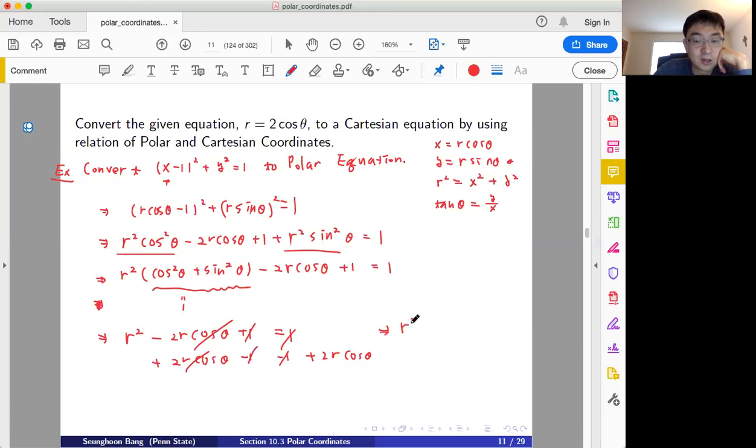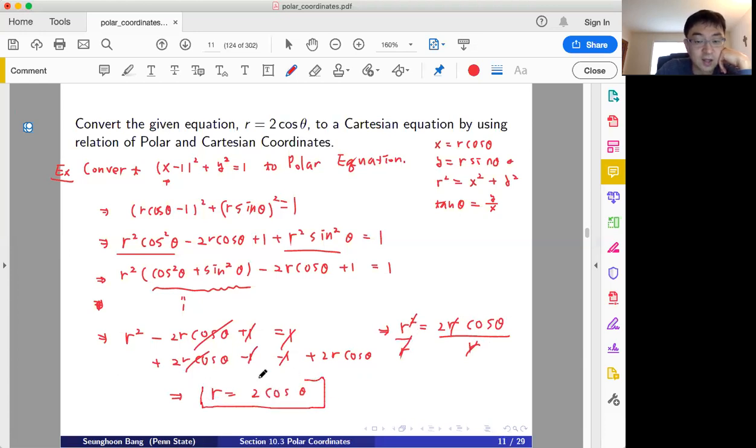Only R square equals 2R cosine theta. Now divide R from both sides, crossed out. What's the answer? So R equals 2 cosine theta.